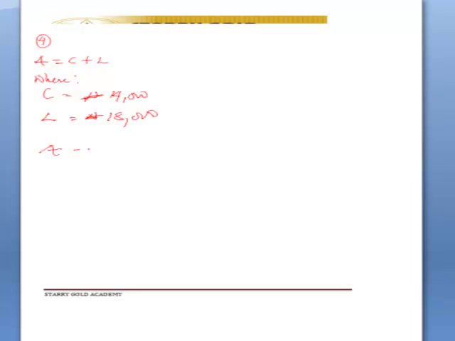Therefore A is equal to C plus L, that is 14,000 plus 18,000. Our A is 14,000 plus 18, that is 32,000.